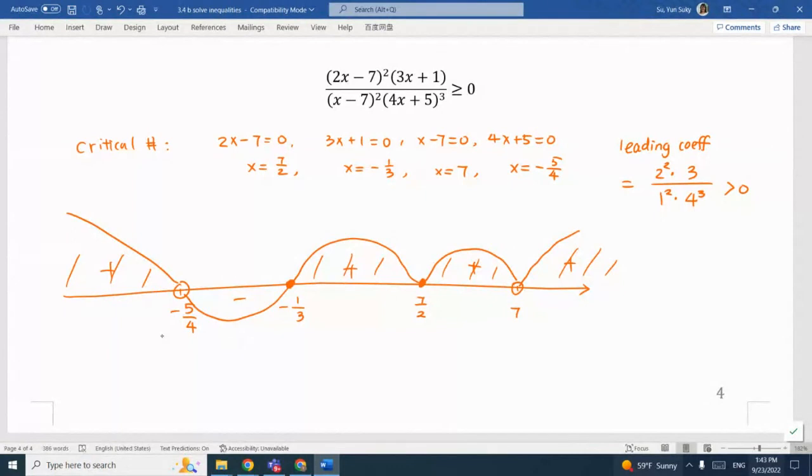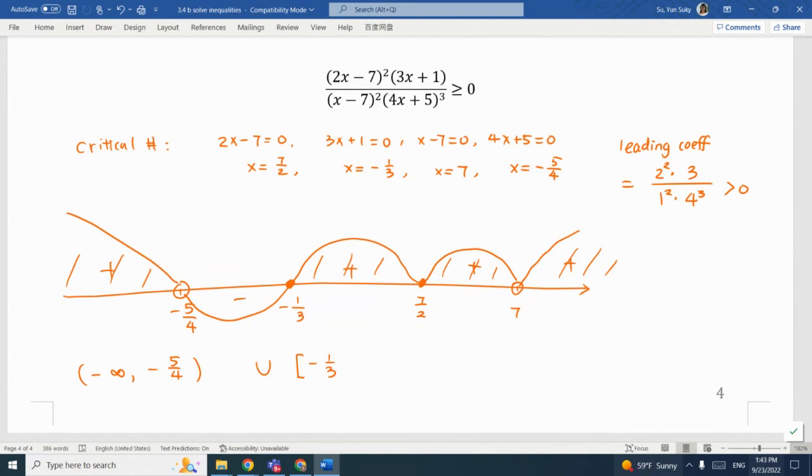Okay, let's write down. So we have minus infinity to negative 5/4 with a parenthesis, union, bracket, negative 1/3 to 7/2. Let's do it slowly.